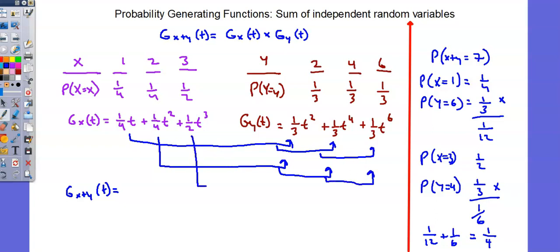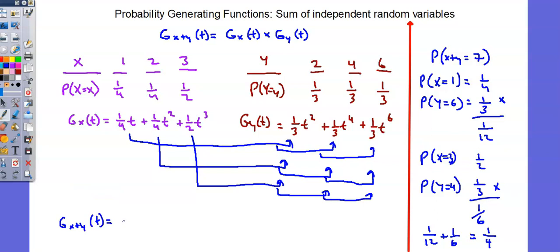And then for the third term, the same will be happening. And after the multiplications with simplification, I get to 1 over 12 times t to the power of 3 times the quantity 1 plus t plus 3t squared plus t to the power of 3 plus 3t to the power of 4 plus t to the power of 5 plus 2t to the power of 6. This is the probability generating function for x plus y.